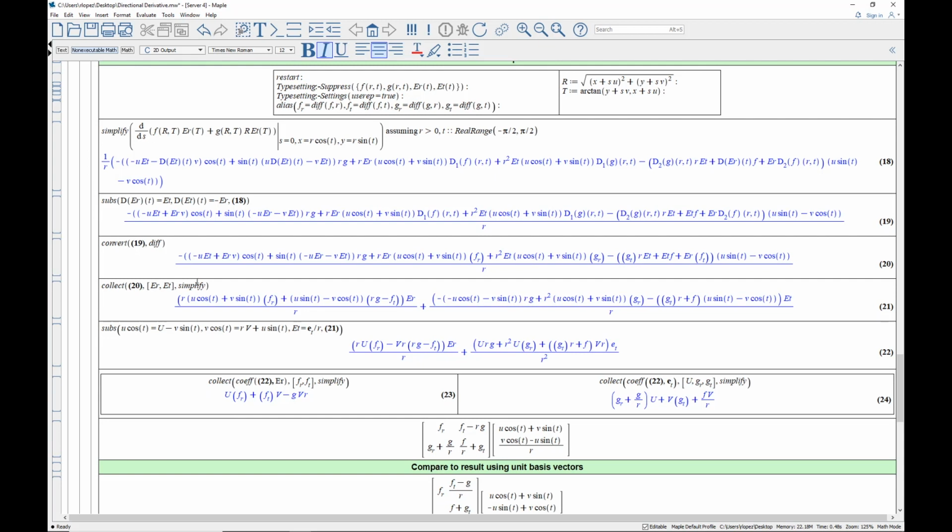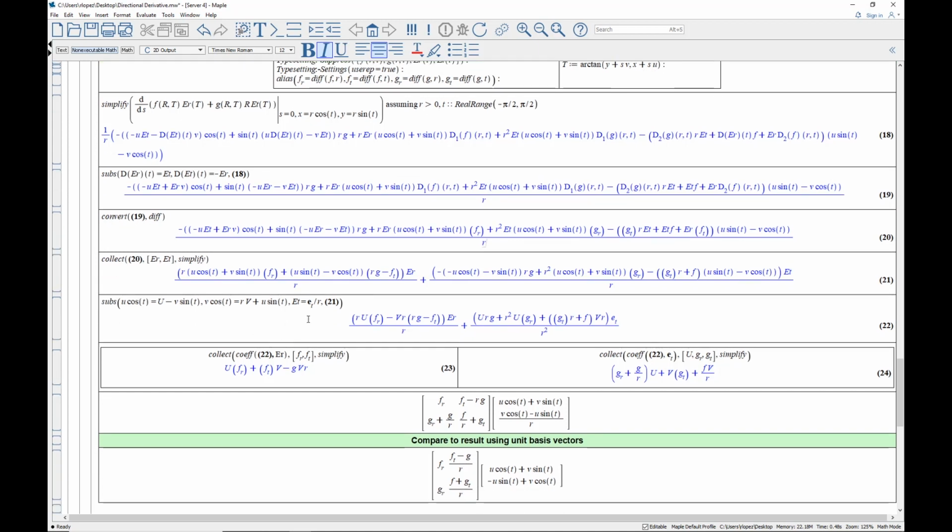Collect with respect to big R and big E. So you get these two bunches. And this I will call big U for the minute. And then the other component, big V. We have an E theta floating around right there. Let's now convert that to little e, the natural basis vector, over r, because E theta is big E, little e over r.